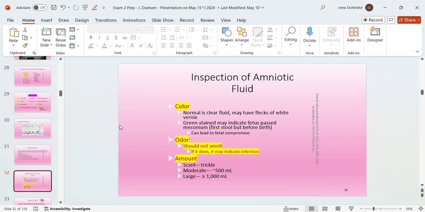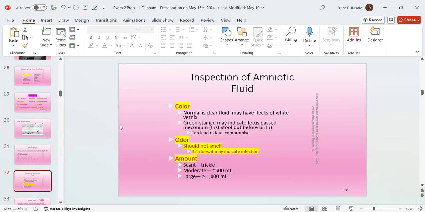And you always want to keep that in the back of your head, because you know your delivery is going to be a little different if you have a baby that's got meconium, because as soon as that baby's head emerges, you've got to suction. You have to suction out some of that meconium out of his mouth, right? And then the rest of the body will come out with the next contraction, and you take him over to the warmer.